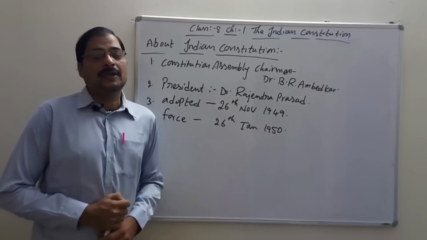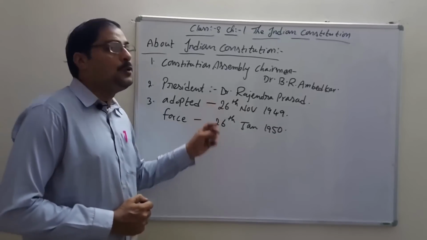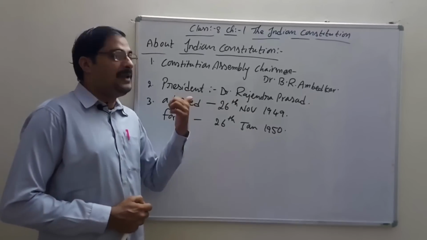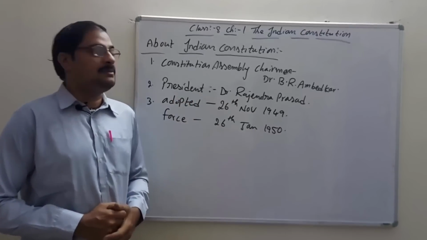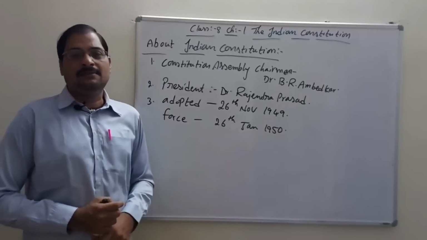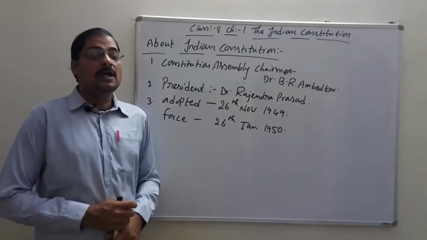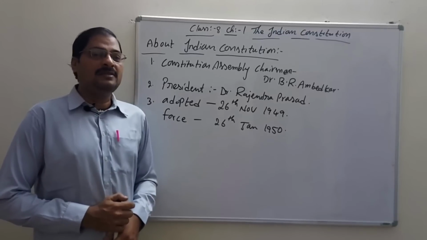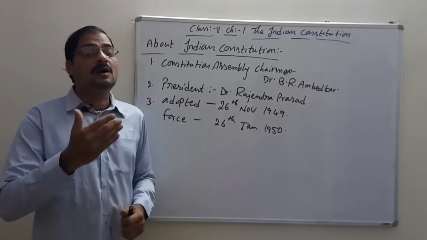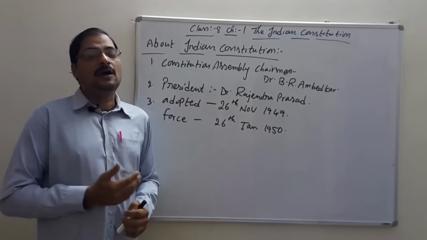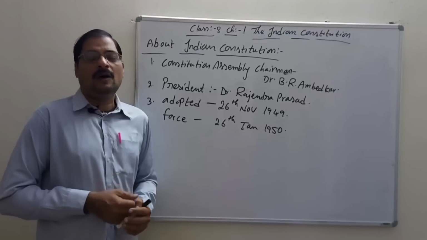And there is one more story. Because it is a written constitution, in the Constituent Assembly the people wanted to know the rules. So Dr. B.R. Ambedkar wanted to read all the articles, one by one, all the rules.